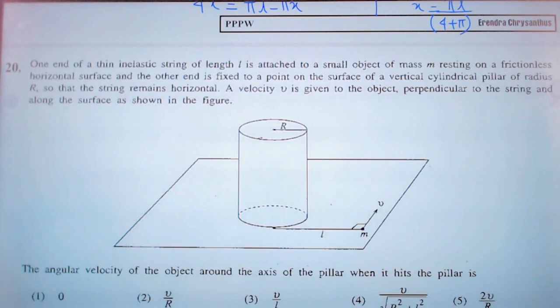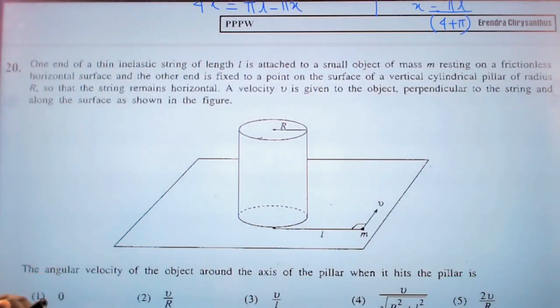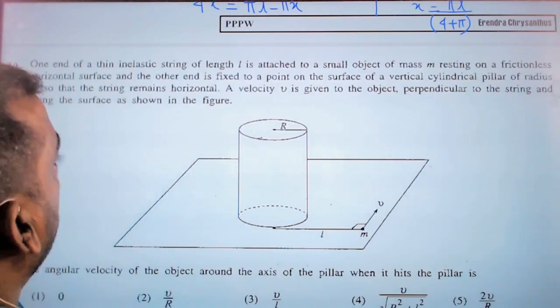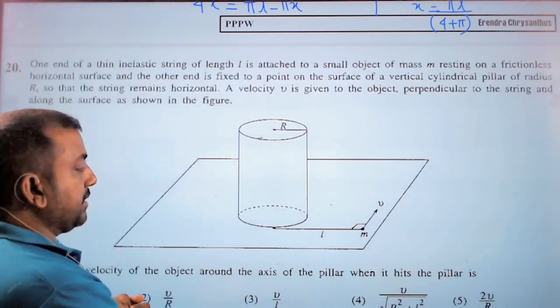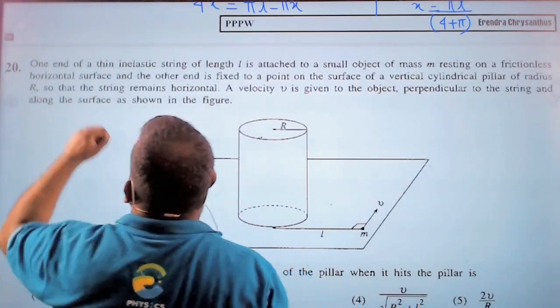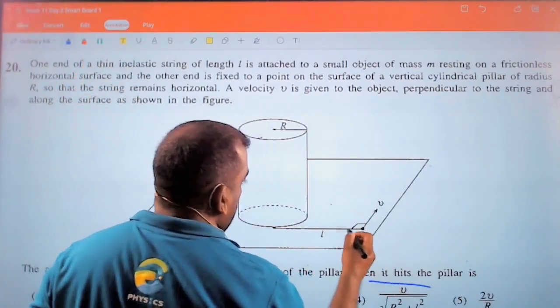One end of a thin elastic string is attached to a small mass m and is rotated around a vertical axis. The velocity of A is given, perpendicular to the string. Find the angular velocity of the object around the axis when it hits the pillar. So what will happen?